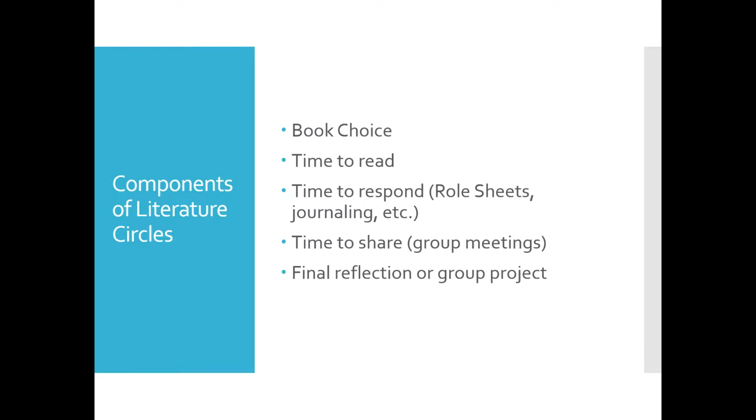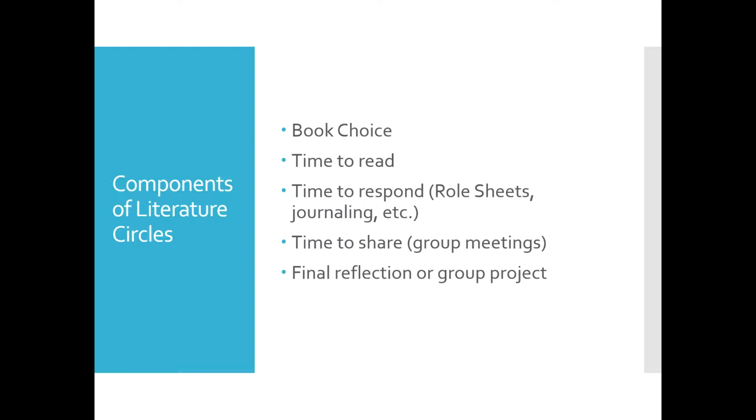How would you manage a literature circle? Well, you've got to first give your students choices of what books you have to offer them. They need time to read. They need time to write down what they've read about, and you can do that by having the students complete job sheets or role sheets after they read, or journal, or answer questions.